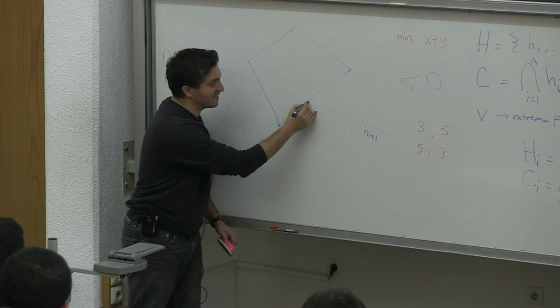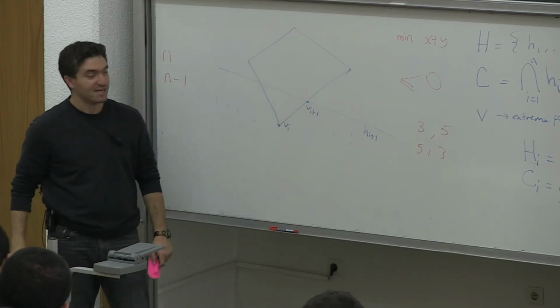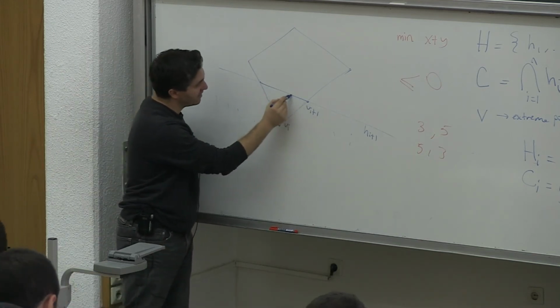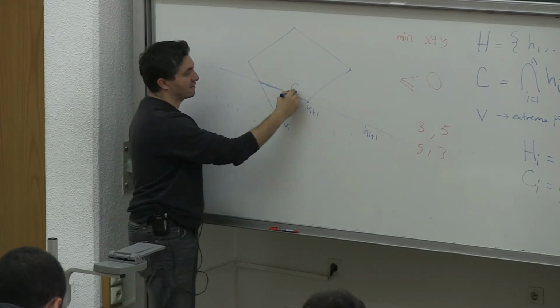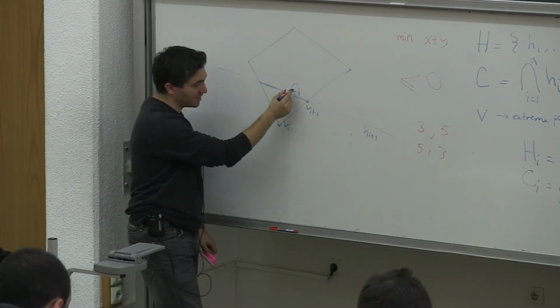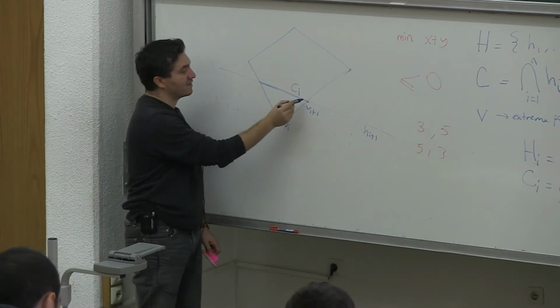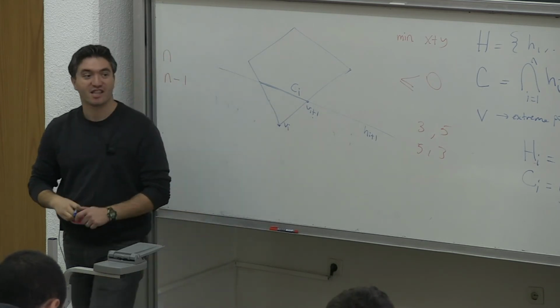It's going to be this now. And it tells that this Vi plus 1 has to be on the line that intersects the Ci. So the intersection of Ci and hi plus 1, we find this, and the next extreme point, Vi plus 1, has to be on this line.